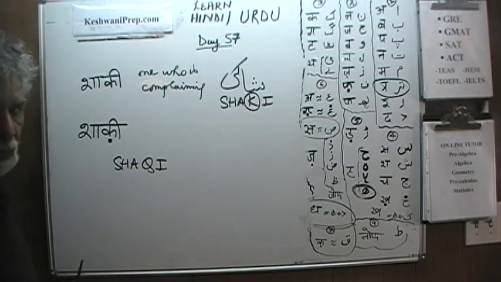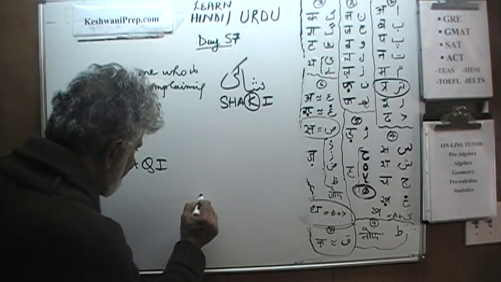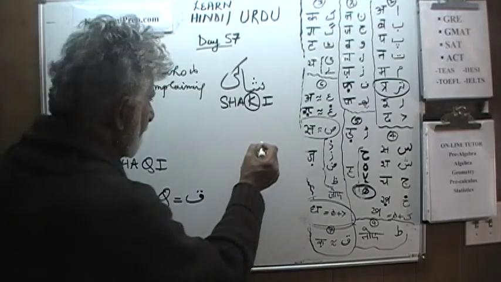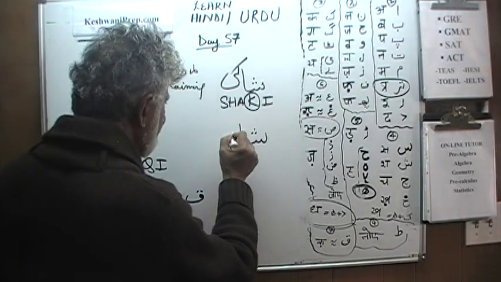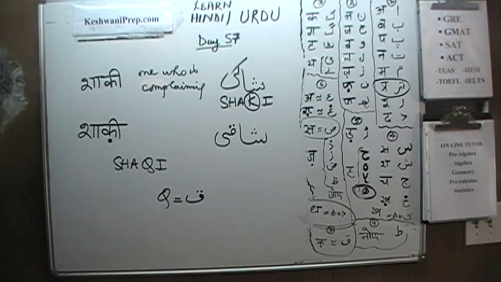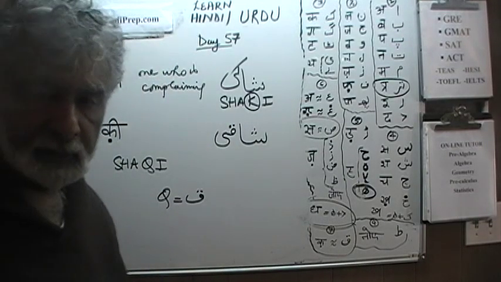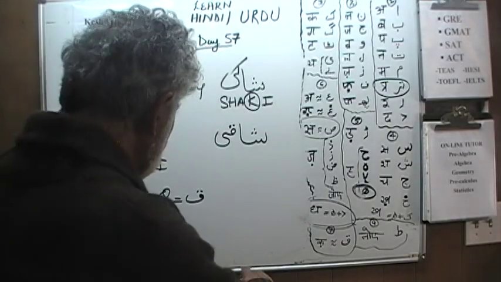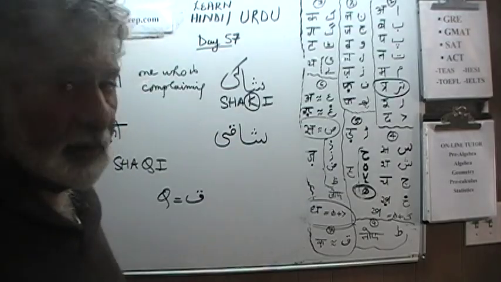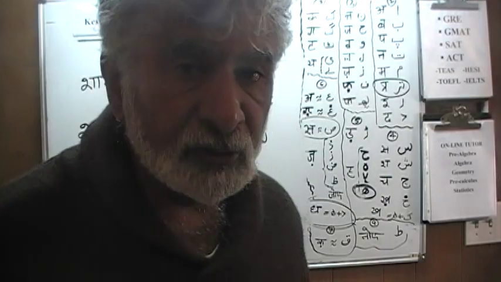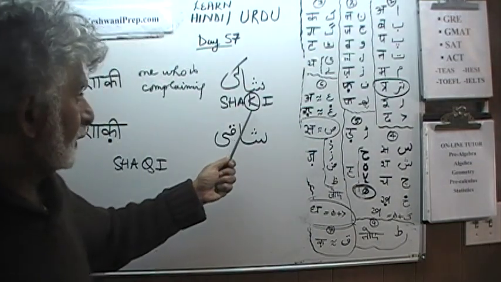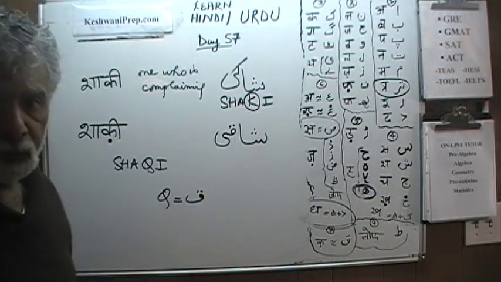When it's spelled with a Q, we use the letter kaf. Kaf. That's our Q. And now this will be written as Sha, and then Ko, and Choti, Shaki. As you can see, the difference in Hindi, the reason I'm making a big fuss about it, is because in Urdu, no Urdu writer in his right mind is going to confuse the two words here. And I say it in such a strong way, I make such a strong statement, because you'd have to be a bloody fool to not realize that this is a K and this is a Q.